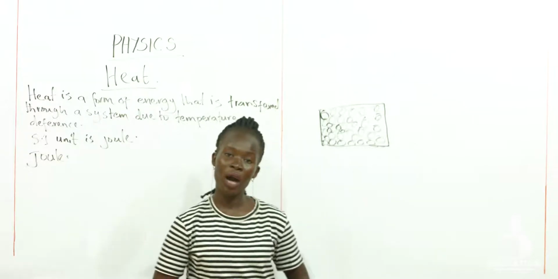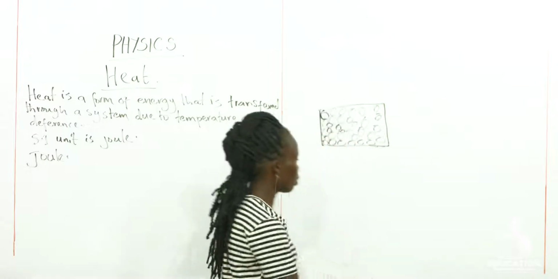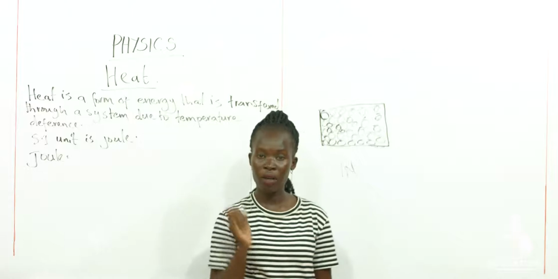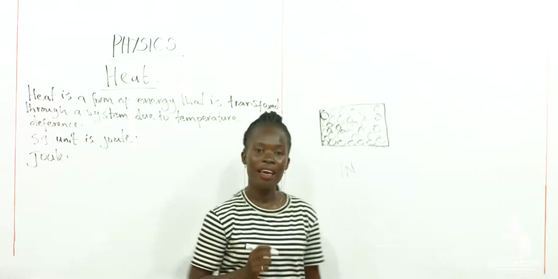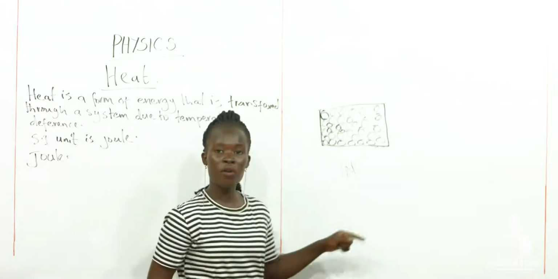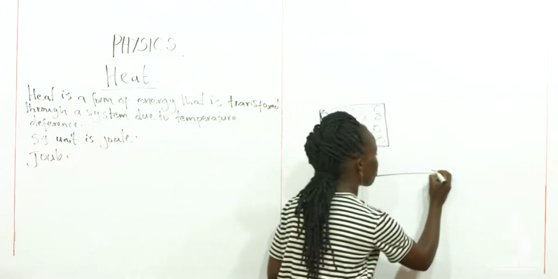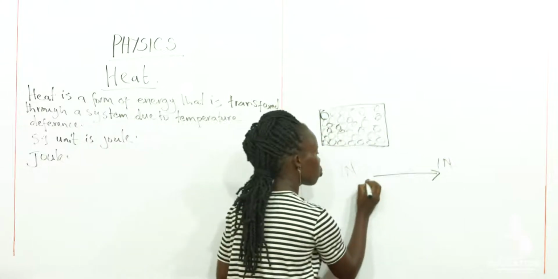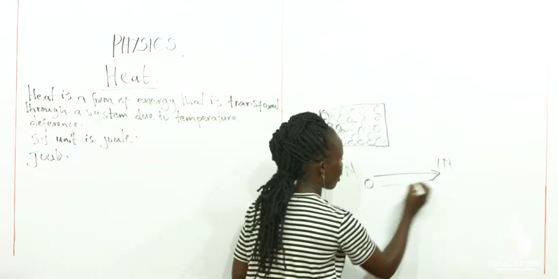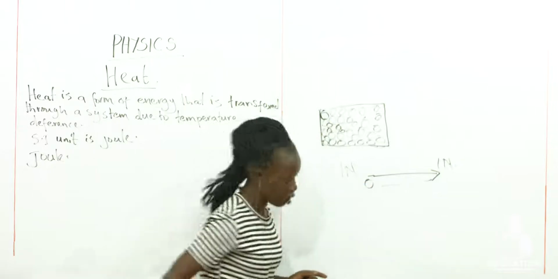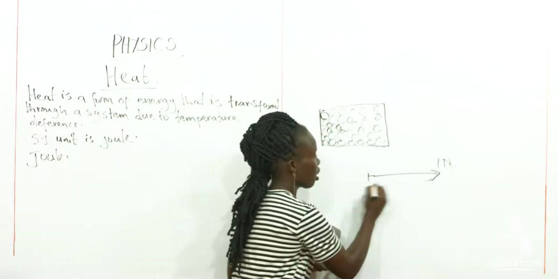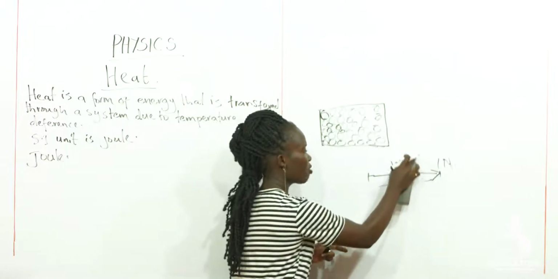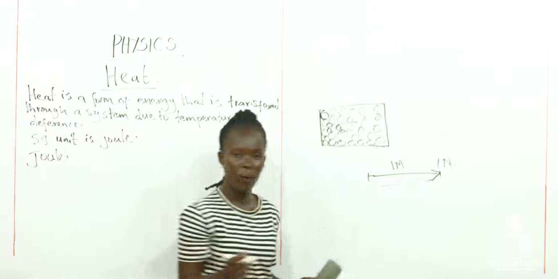So when you apply a force of only 1 Newton to an object, and you allow this force to move a distance, maybe you're pulling something with this force of 1 Newton, if the distance between this point and that point is 1 meter, that means that you have measured 1 joule.